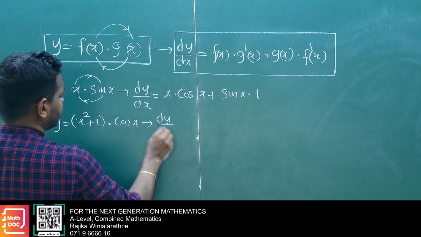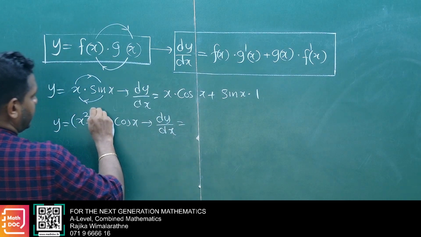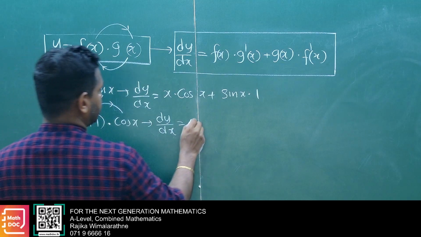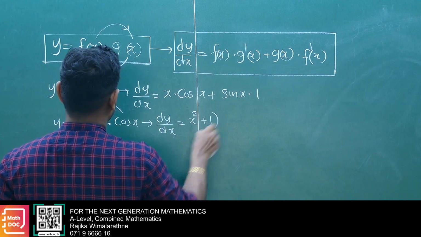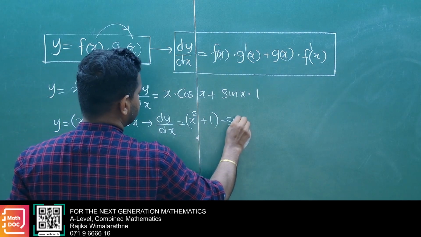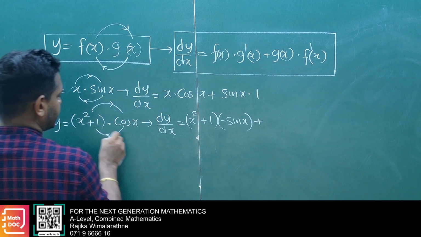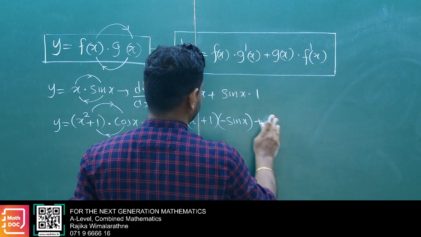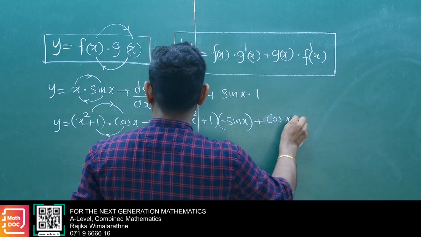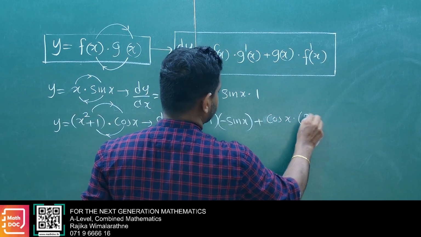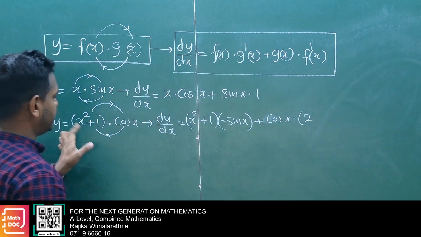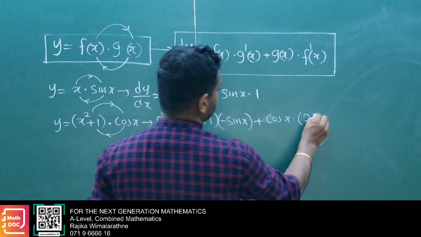Then dy by dx: (x square plus 1) times the derivative of cos x, minus sin x, plus cos x times the derivative of x square plus 1. Here the derivative of x square is 2x and the derivative of 1 is 0.